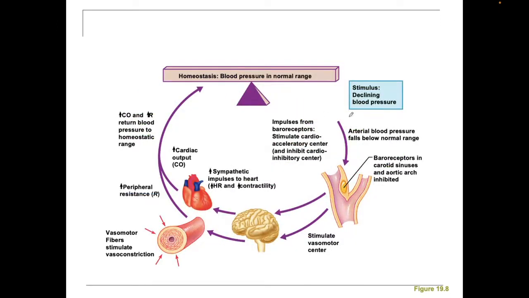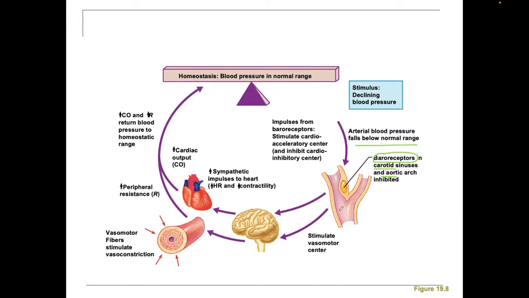Okay, now we have something that's decreasing the blood pressure. So now we want to increase it. So kind of like a similar thing where now the arterial blood pressure falls below the normal range. And once again, we've got these baroreceptors that are in the carotid sinus and the aortic arch. They're picking up this information.